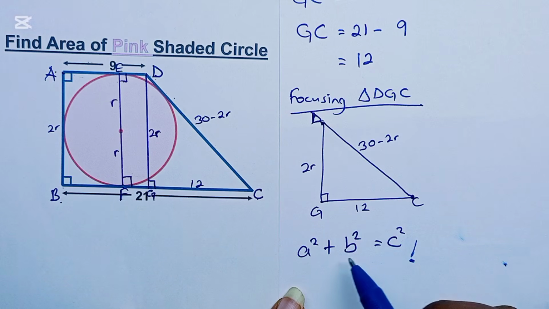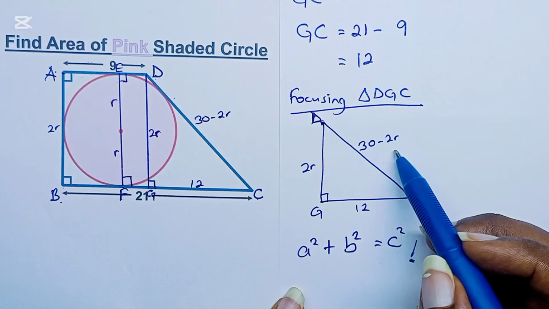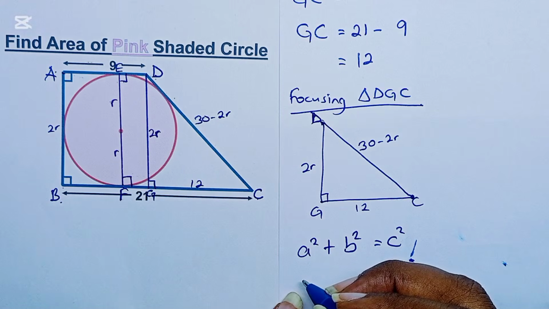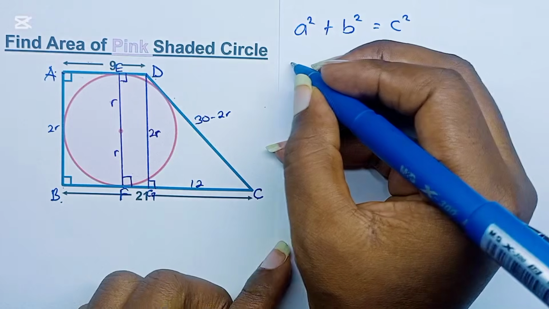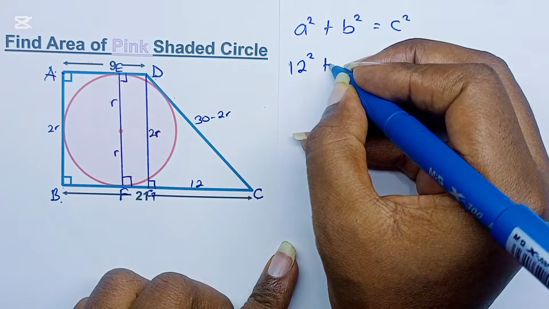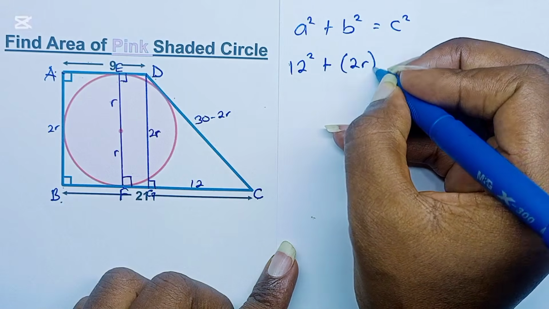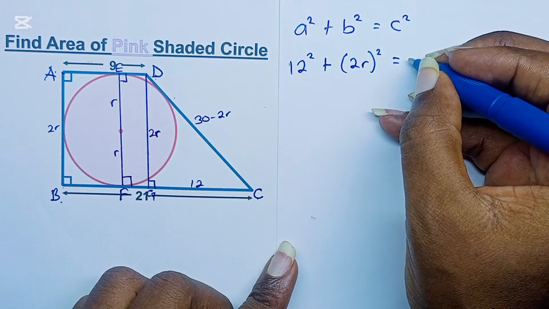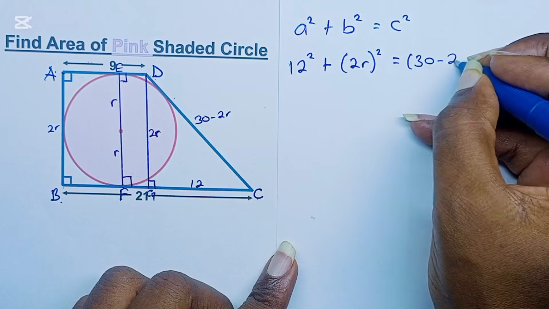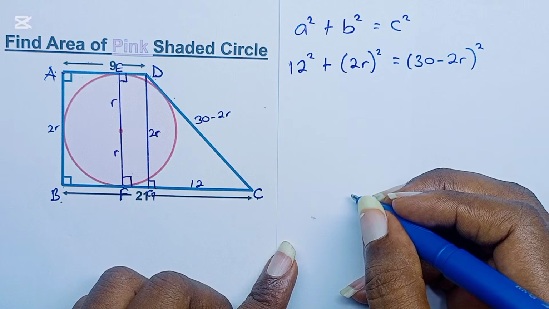Our a is 12, our b is 2r, and our c is 30 minus 2r. So replacing, we have 12 squared plus (2r) squared equal to (30 minus 2r) all squared.